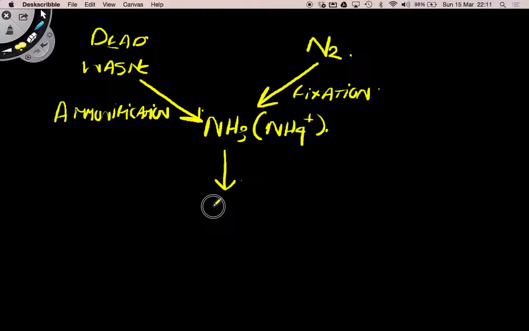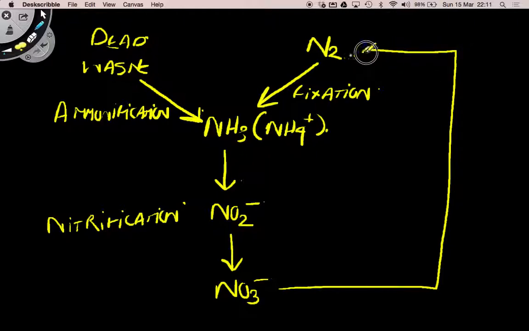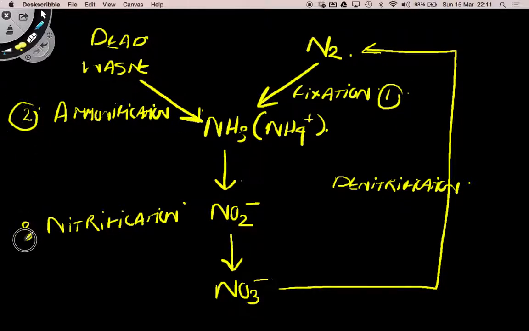The ammonia becomes nitrite, which becomes nitrate through nitrification. And if anaerobic conditions come about, we have denitrification. Process 1, process 2, process 3, process 4. Then we've completed our cycle.